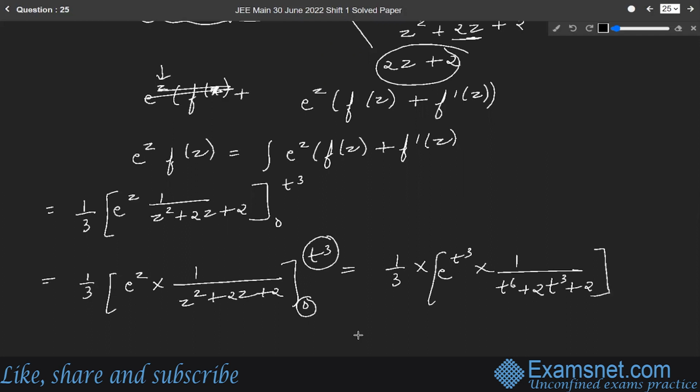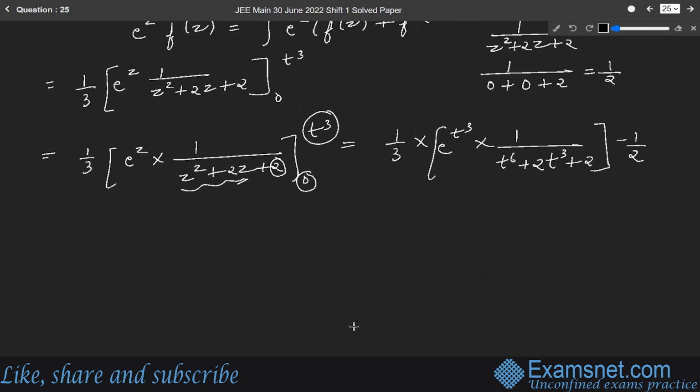And again, this first term will be 0, but the remaining term will be what? 1 by 2. See, we have 1 upon z square plus 2z plus 2. When we substitute 0 here, then it will be 1 upon 0 square, 0 plus 2 into 0, 0 plus 2. So the remaining term is 1 by 2. Okay, so here we have minus 1 by 2, right?